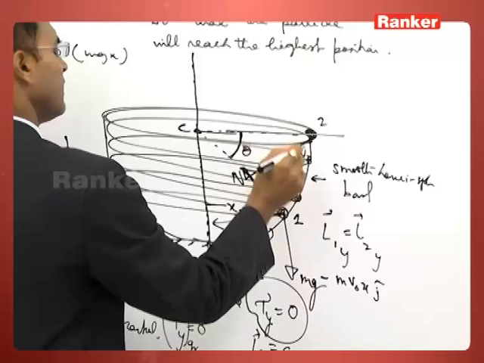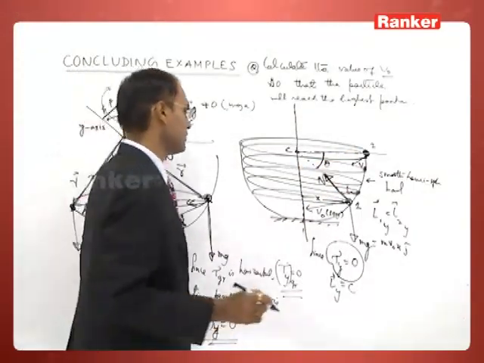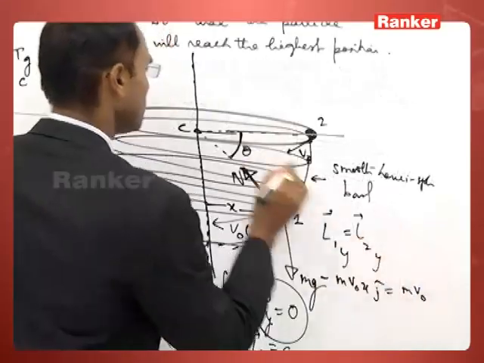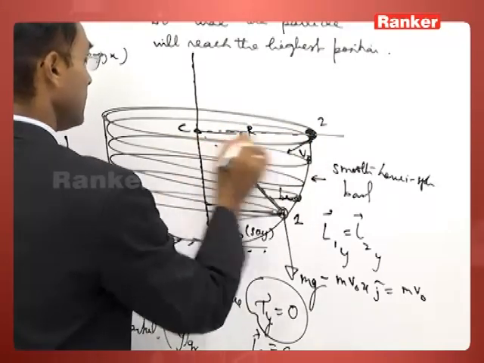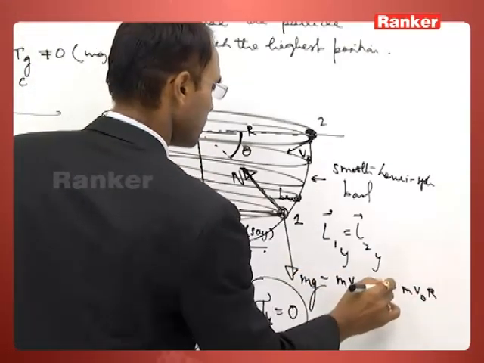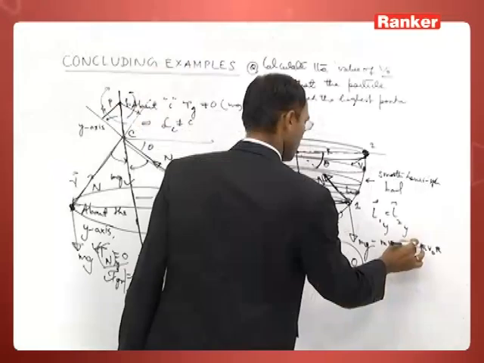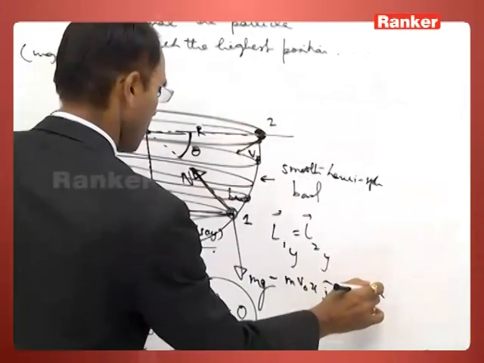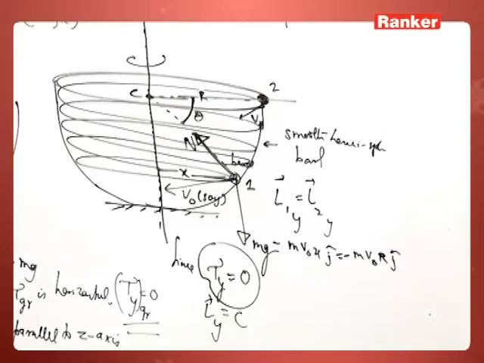After reaching the highest position, the angular momentum will be equal to m v into r, where at this position the perpendicular distance from the axis is none other than the radius, and the direction will still remain downward, because to conserve the angular momentum we have to conserve both magnitude and direction.